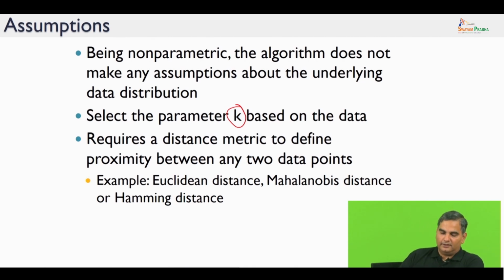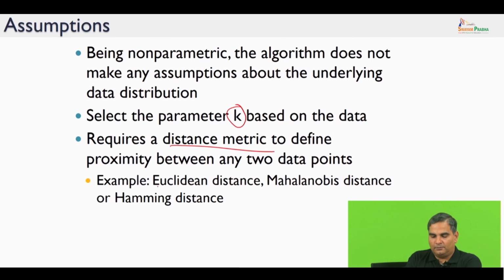The key thing is that because we keep talking about neighbors, from a data science viewpoint, whenever we talk about neighbors, we have to talk about a distance between a data point and its neighbor. We really need a distance metric for this algorithm to work, and this distance metric would basically say what the proximity is between any two data points.